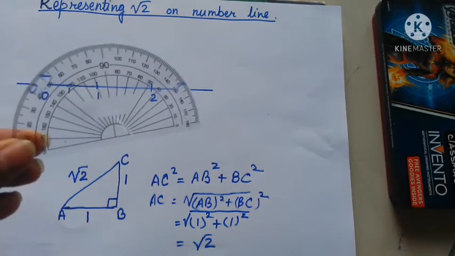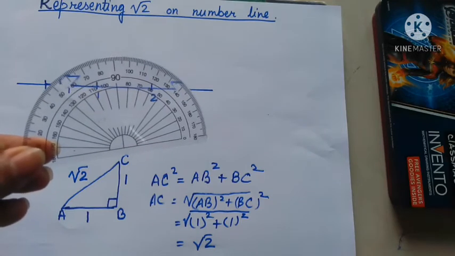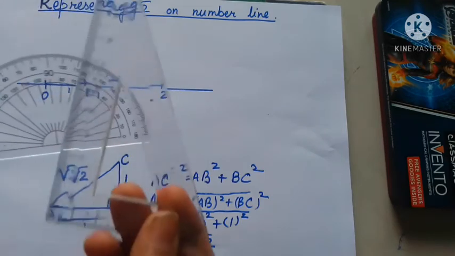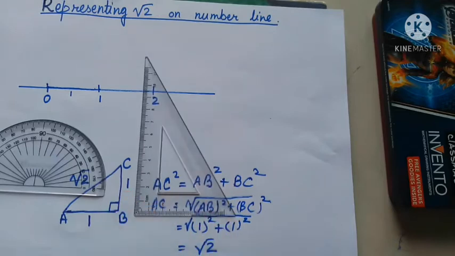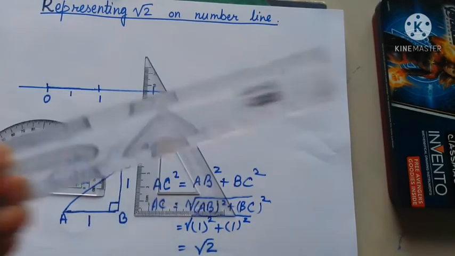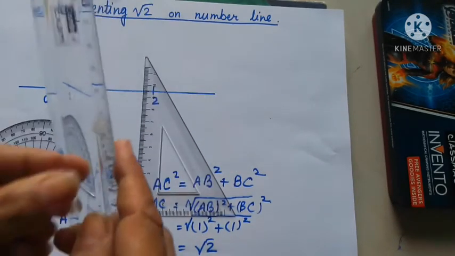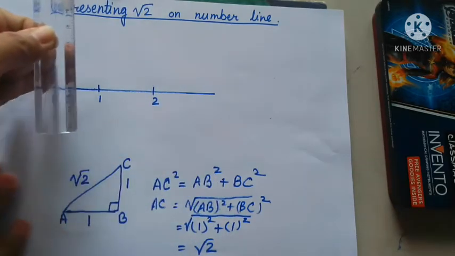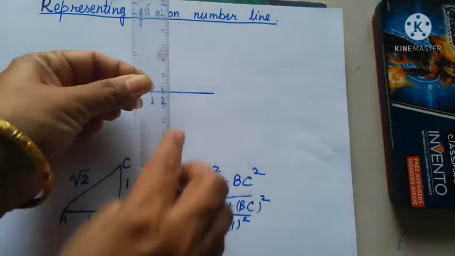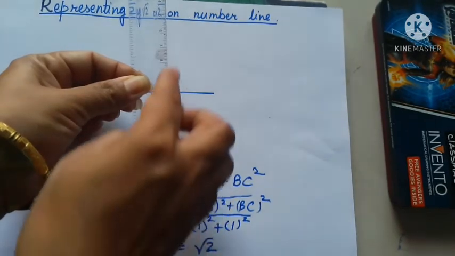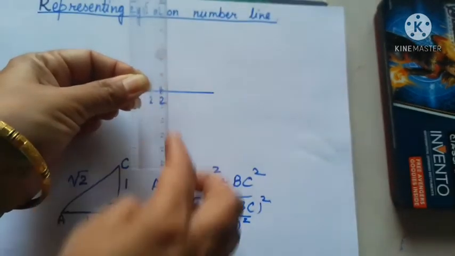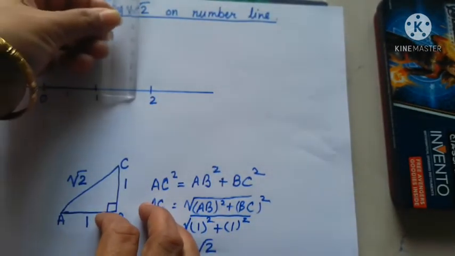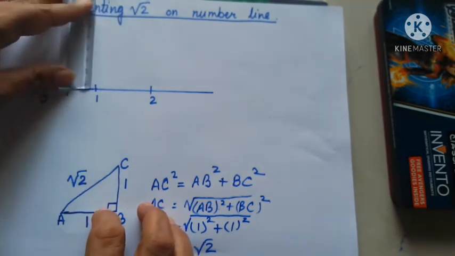You can do it with the protractor, 90-degree angle. You can do it with the set square, or you can simply use your own scale for it. Because you know, for a scale also, these sides are perpendicular to each other. So I will use my scale to draw a 90-degree.